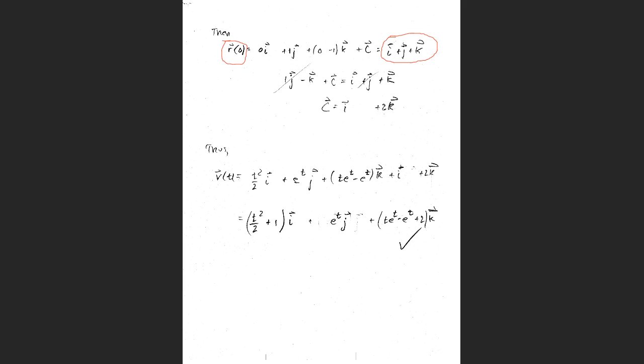And what we're doing here is putting t equals 0 in the position vector.